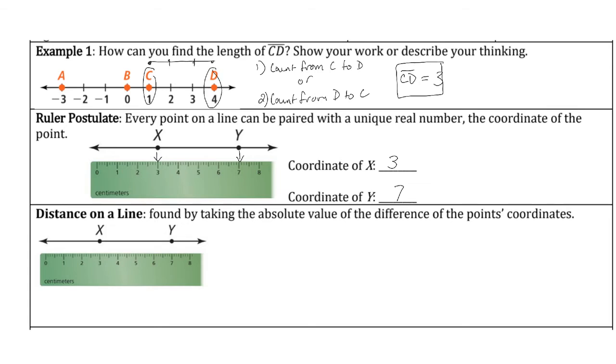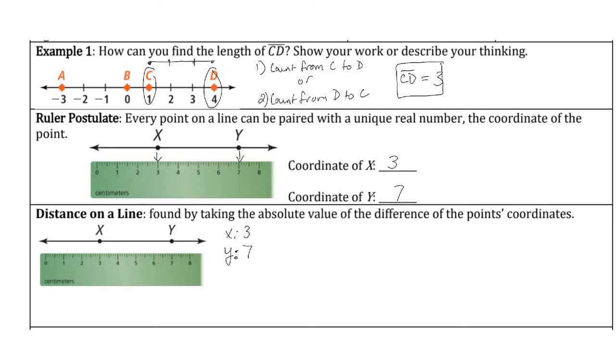We use the fact that we can match coordinates up with a unique real number to solve for the distance on a line. We find it by taking the absolute value of the difference of the points' coordinates. X is at 3, Y is at 7.